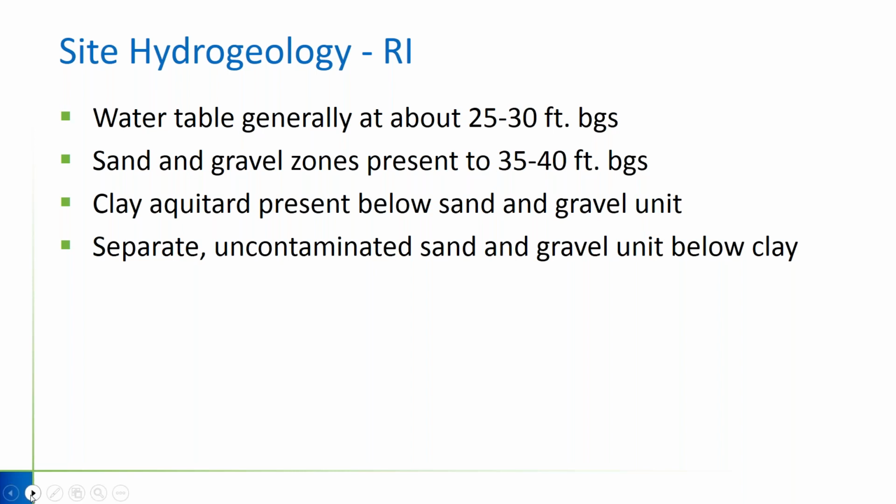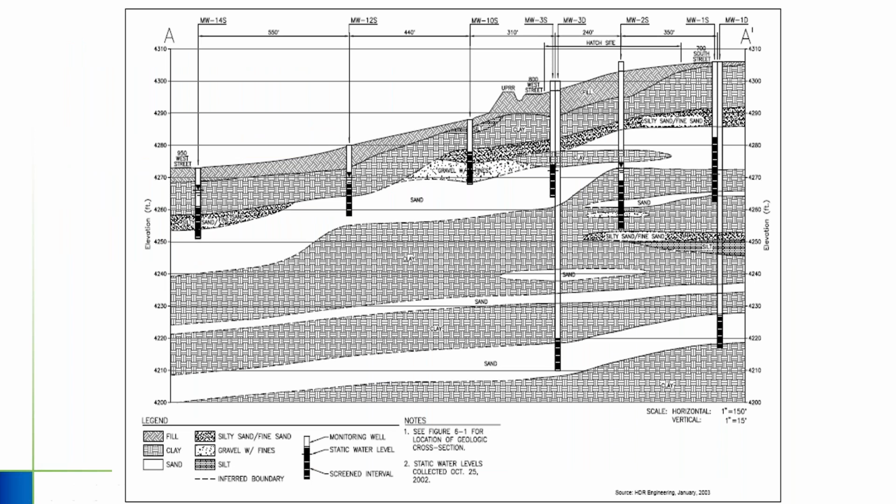So in terms of a cross section, this RI was done 15 years ago or so. So that's kind of the rudimentary figure here. But this is basically what the initial CSM was. This white is the sand zone that's contaminated. And then there's this big, thick clay layer, tens of feet thick that kept everything above it.